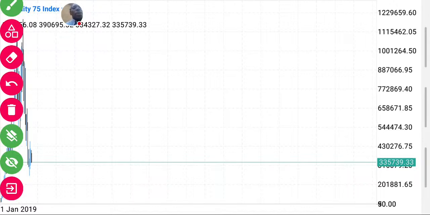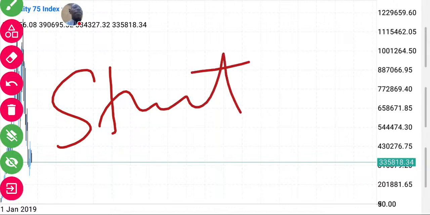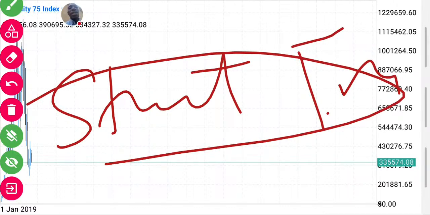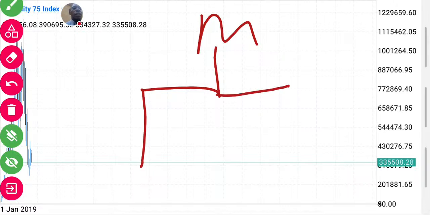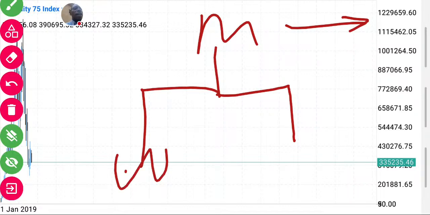So we go to the structure time frames. In the structure time frames, we have the weekly and the daily, while the monthly is for direction. I want you to understand this, guys.